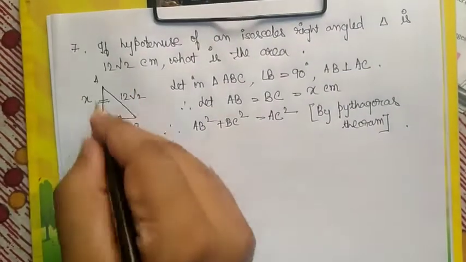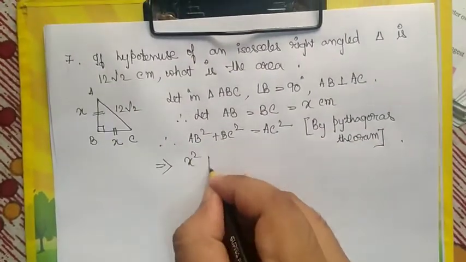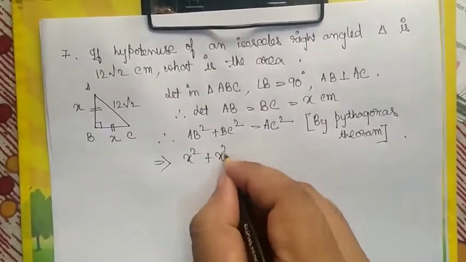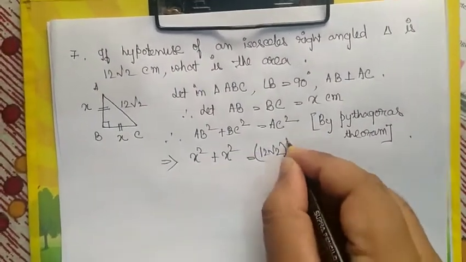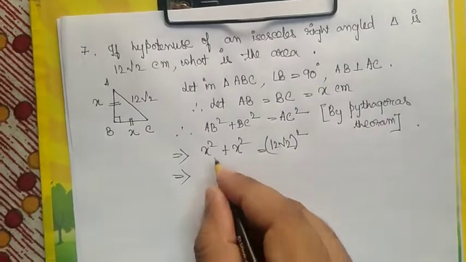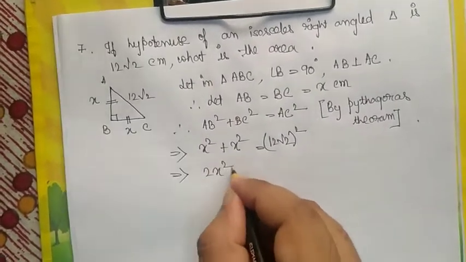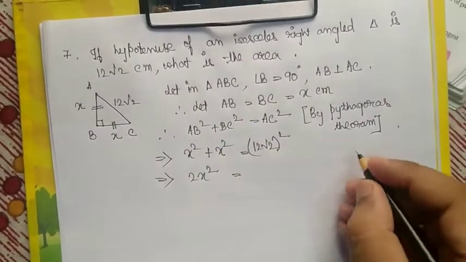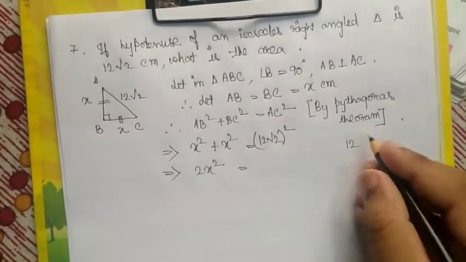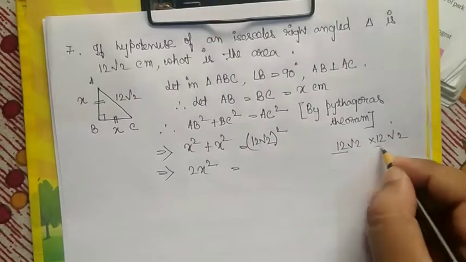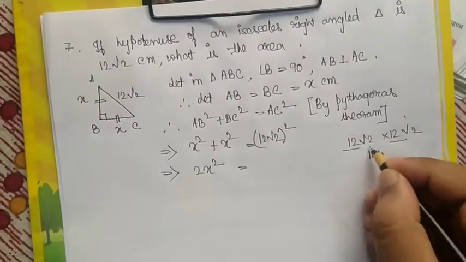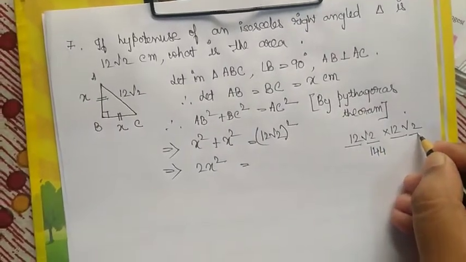Now AB means x, so therefore x square. BC means x square. AC means 12 root 2 whole square. So x square plus x square means 2x square. 12 root 2 square means 12 root 2 into 12 root 2. It means 12 into 12 is 144, and root 2 into root 2 means 2.